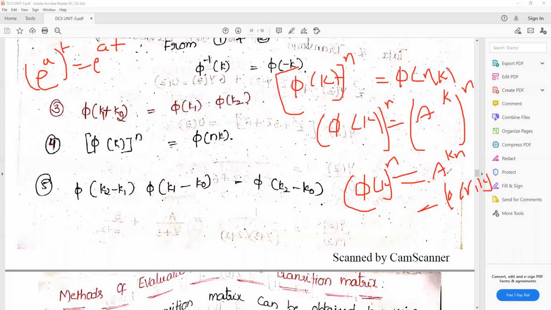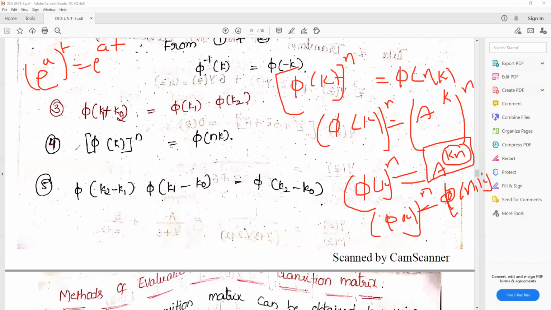A power kn is equal to, in place of a power k we write phi of k into n. Phi of k whole to the power of n is equal to phi of kn. The fourth property is also prove it.